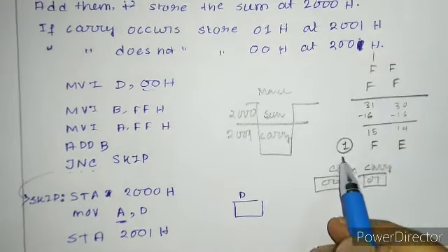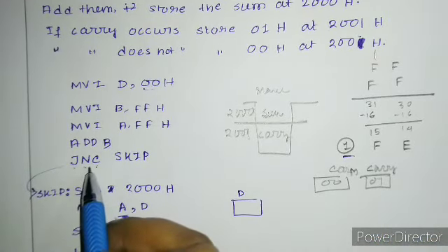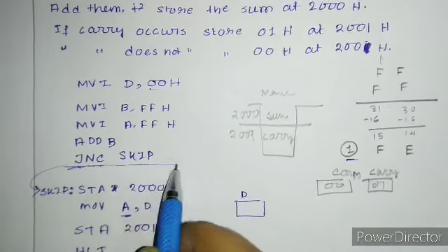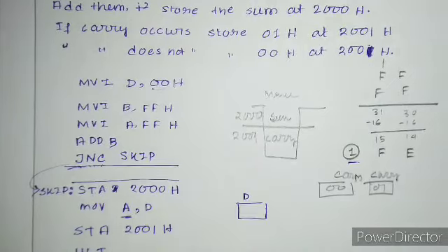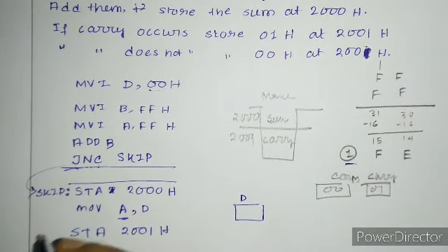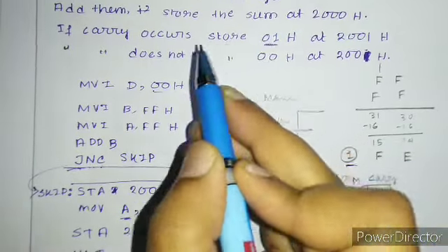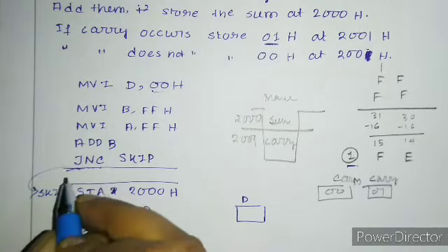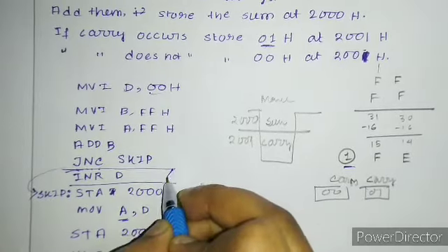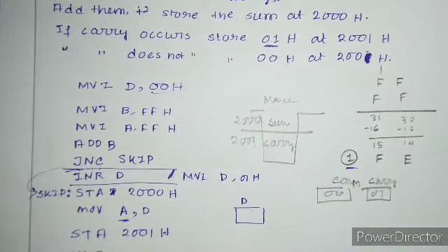In this case our carry occurs. So when the jump if not carry condition comes, it will be false and it will not jump. First it will execute the instruction next to it. If my carry occurs, then I want 01H in my D register. So I will just increment the D register, or you can just MVI D, 01H. You can write that also.